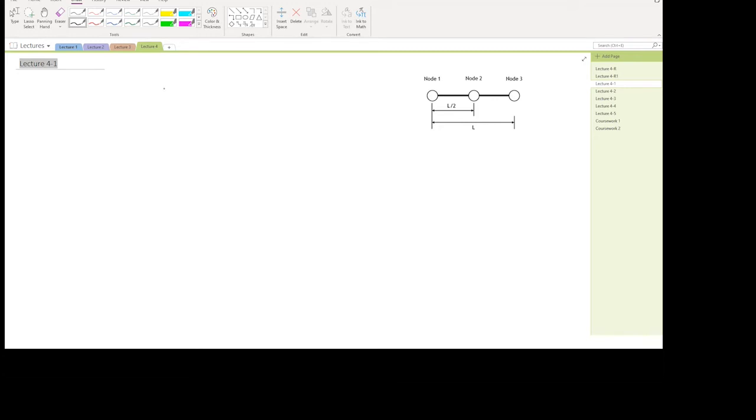So for u, we have N1, N2 multiplied by u1 and u2. And then the strain is the derivative of the displacement, or the strain is the B matrix multiplied by the displacement matrix.